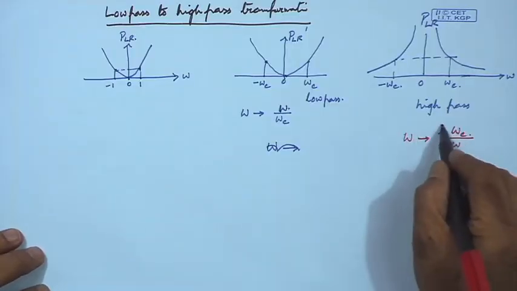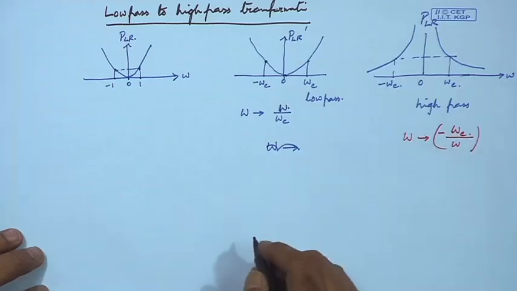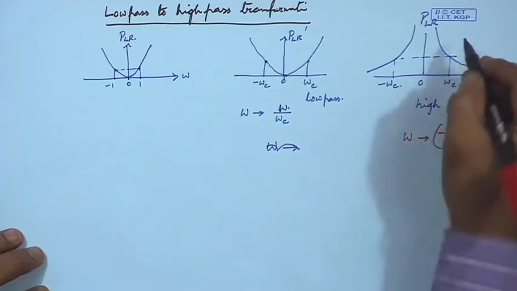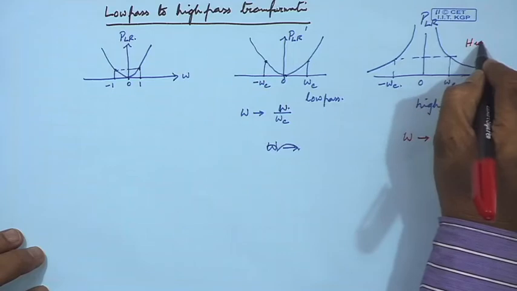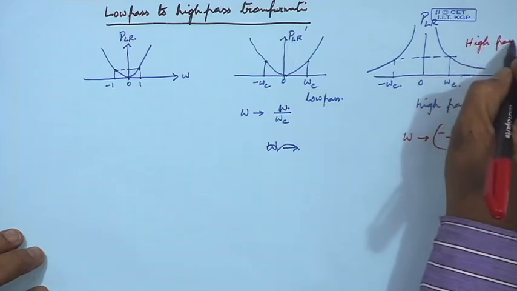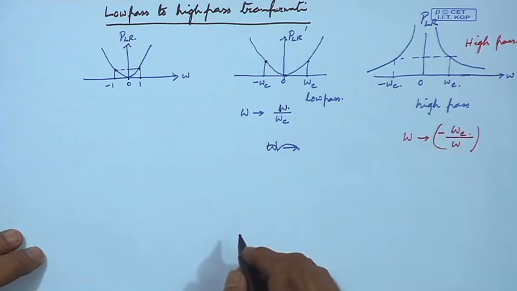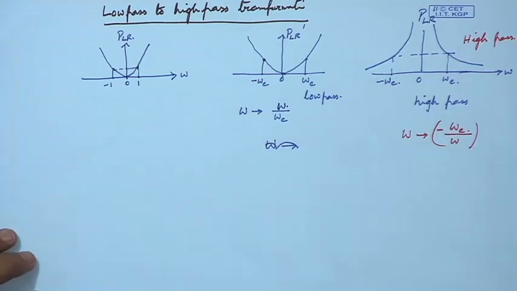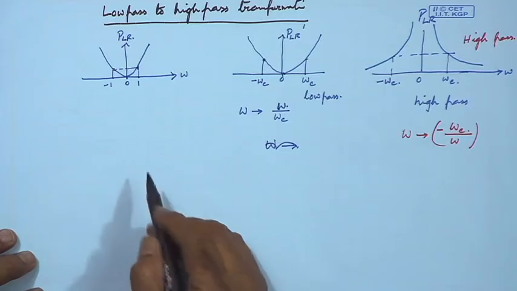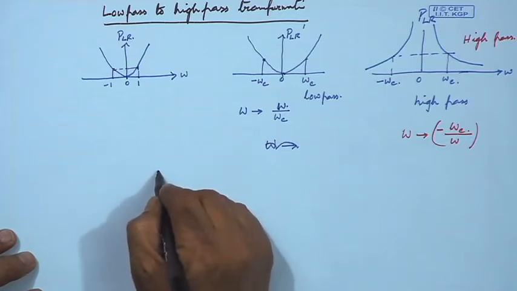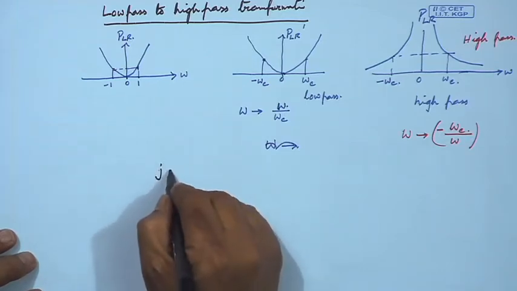So, minus omega is changed to minus omega c by omega, this becomes a high pass filter. You see, this is high pass, at lower values it is cutting. So, now we can find out what are the changes in reactance values, inductor and capacitor component values.